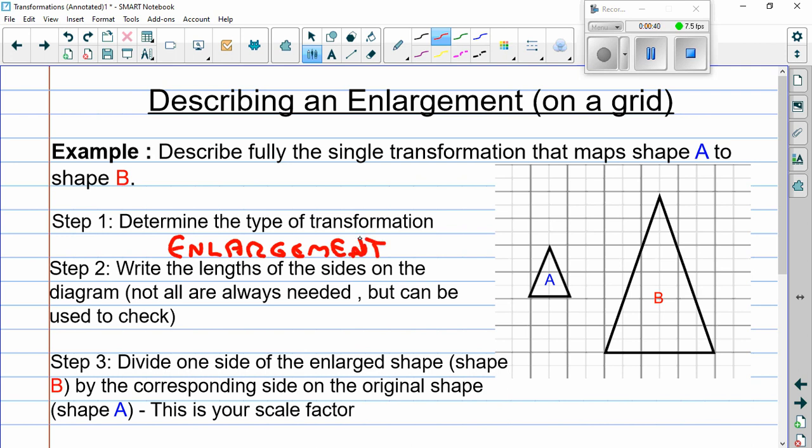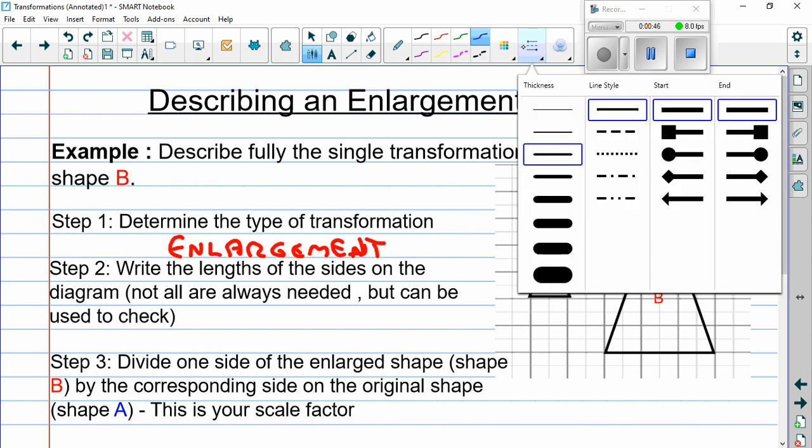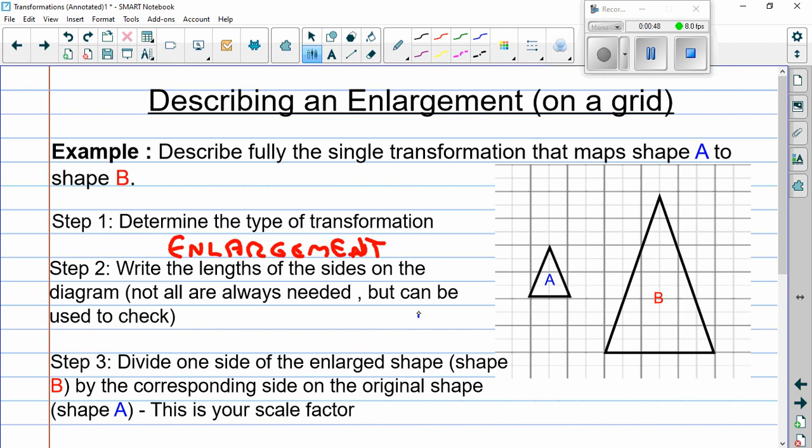Now, step two, write down the lengths of the sides on the diagram. We don't always need all of them, but it can be helpful just to check. So we're going to write all of our lengths down. So that's one, that's three. If we go up and over a half, here we're going up 1, 2, 3, 4, 5, 6, right?